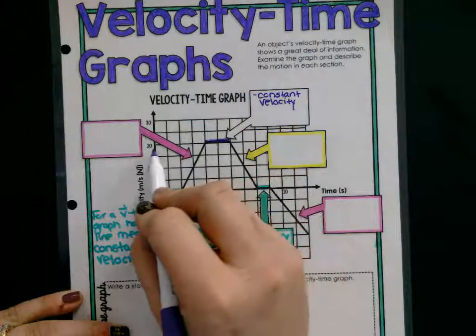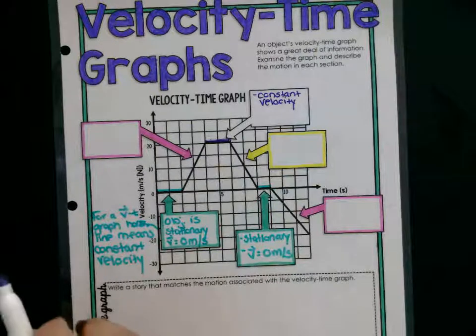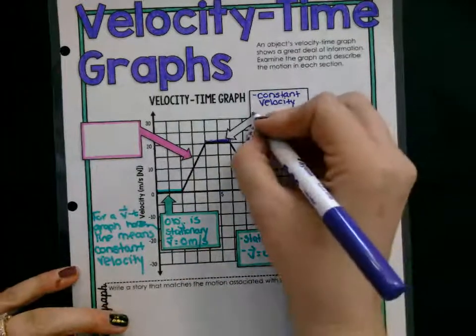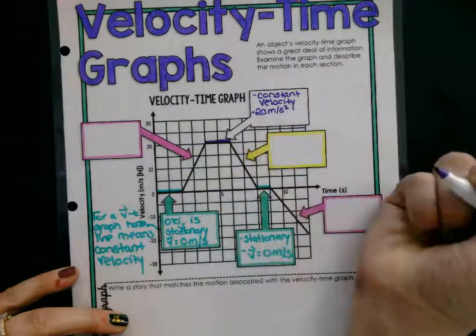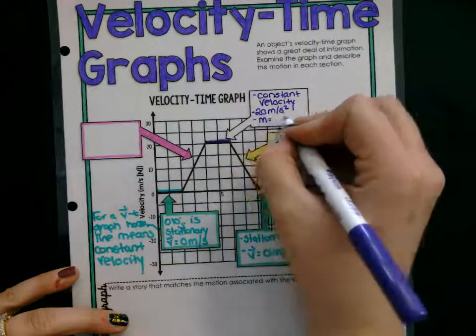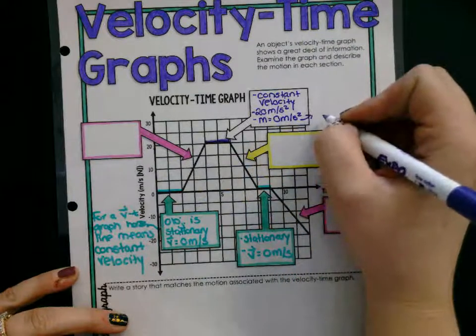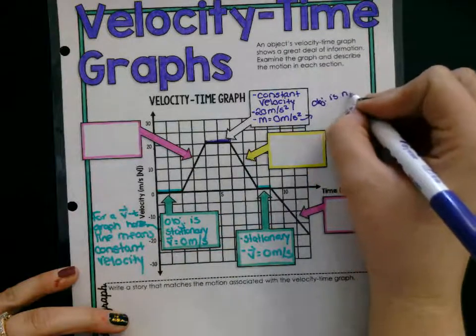This velocity is at 20 meters per second north. Our slope here, though, is 0 meters per second squared. So that 0 slope shows us that the object isn't accelerating.